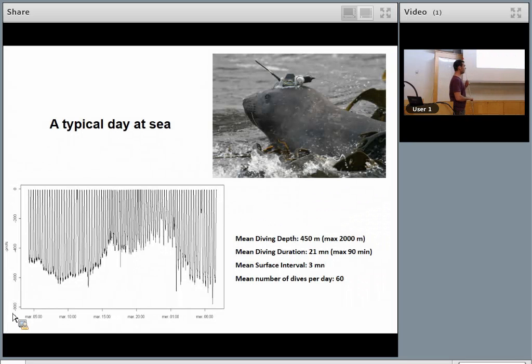Well, the thing is, elephant seals are very amazing. Their diving capabilities are beyond anything. So here you have 24 hours of the life of an elephant seal when he's at sea as a function of depth. So you can see the profiles of seals. So basically, they are diving always.